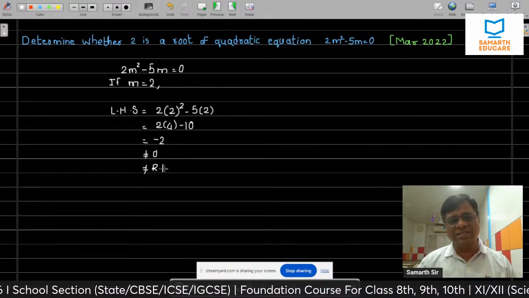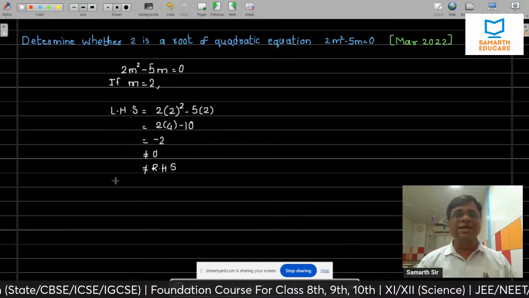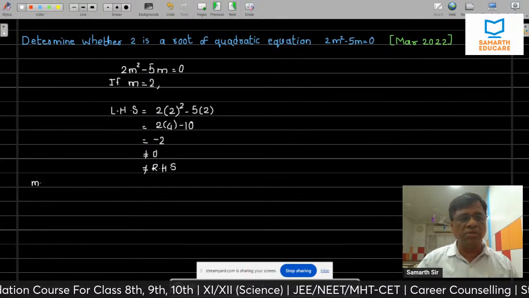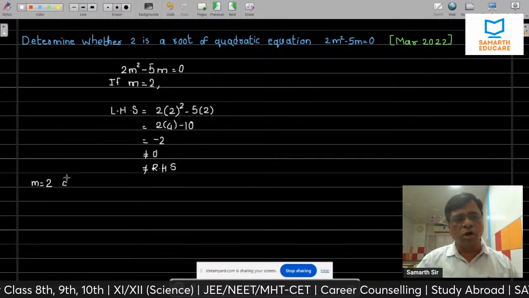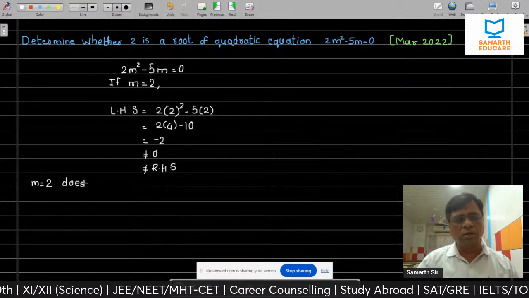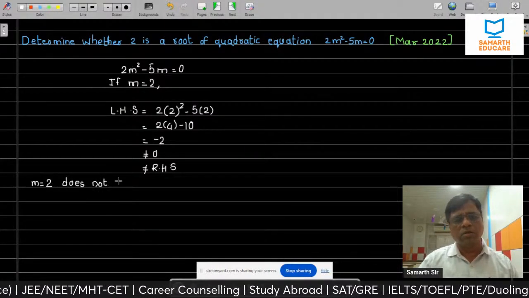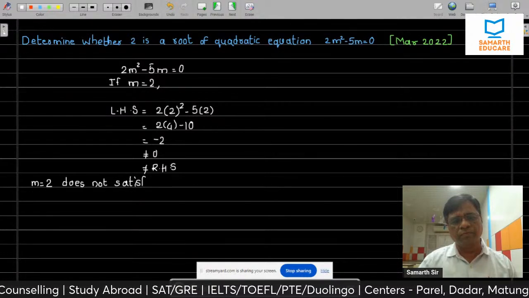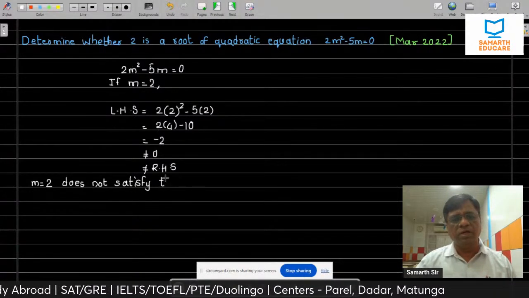now that is 8 minus 10, which is -2, which is not equal to 0, which is not equal to RHS. Now that means कि m is equal to 2 does not satisfy the equation.